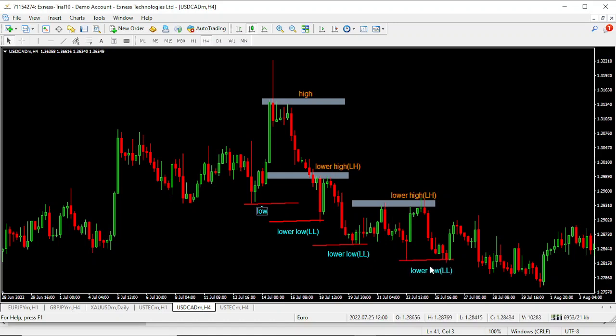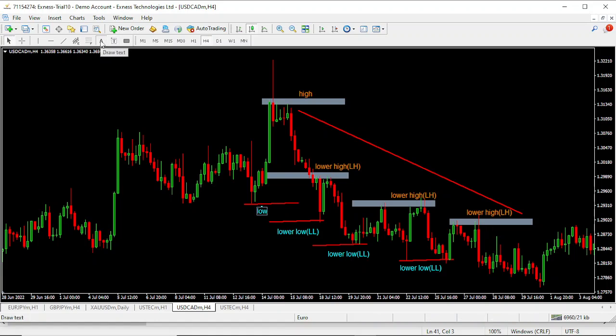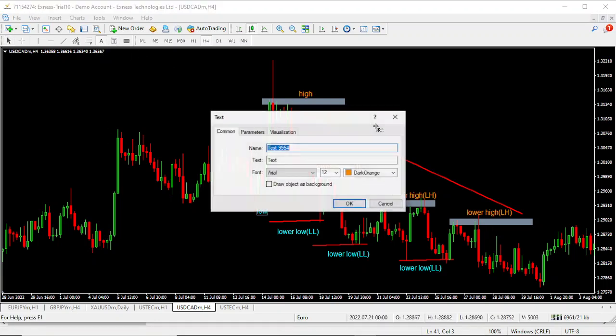But if we are in a bullish trend, the market is going upwards, then you're gonna have higher highs and higher lows, showing their strength to be bullish. So this is a bearish market structure, since we're making lower lows, lower highs, lower lows, lower highs.